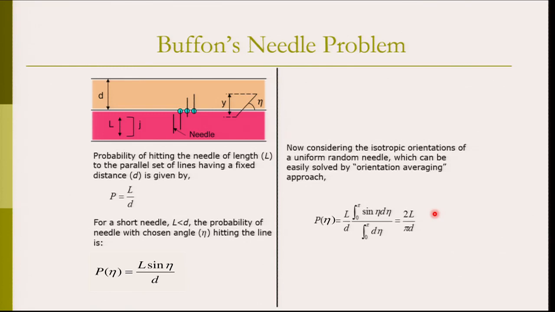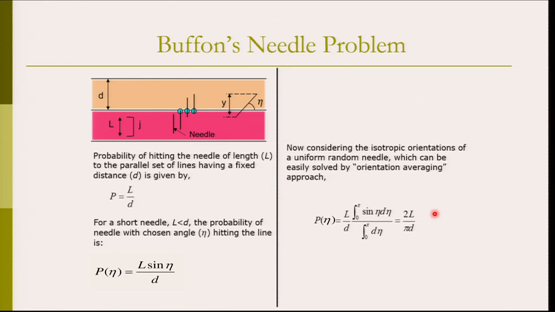So, you can see we can calculate the probability of a uniform random needle hitting a line in terms of the dimensions of the needle, which is the length of the needle, and the distance between the parallel lines.